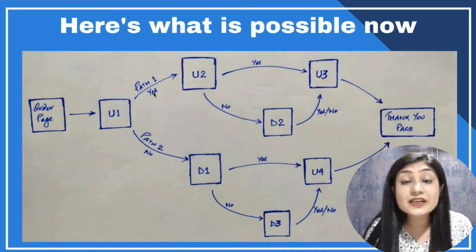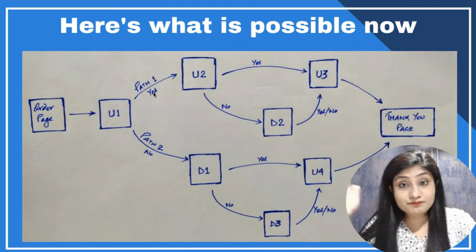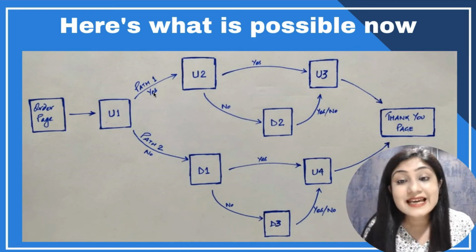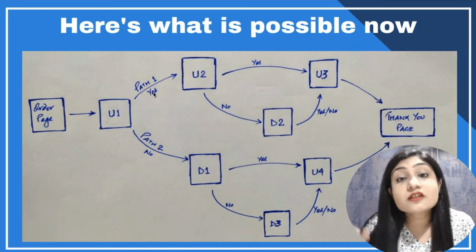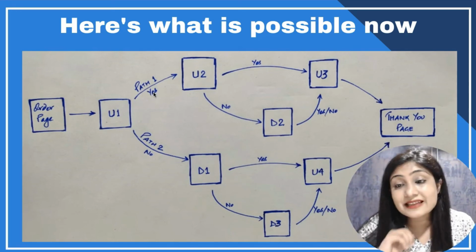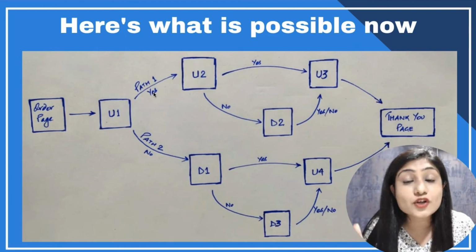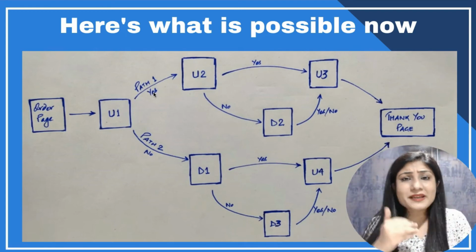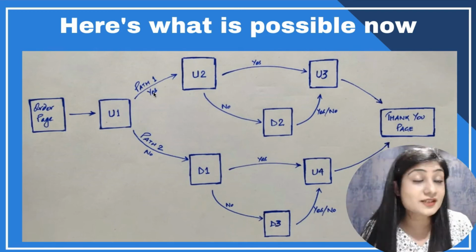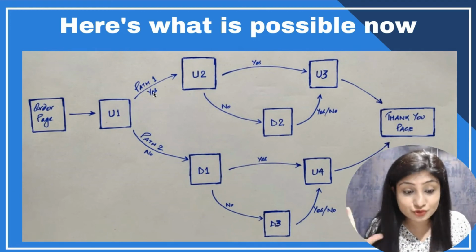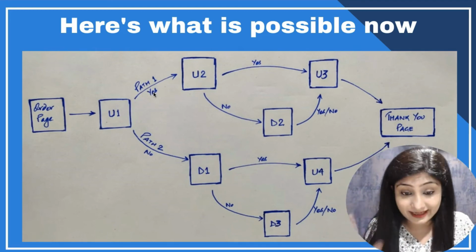So it's more like an offer tree, with its own branches, right? And of course, again, you can terminate at any step and send them to the thank you page right off the bat. You're just forming connections between different offers. Now, this really changes your game.